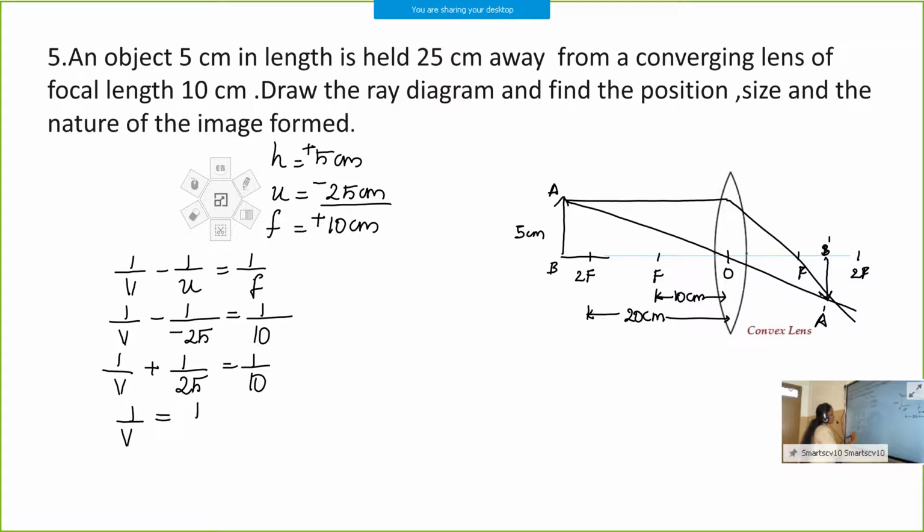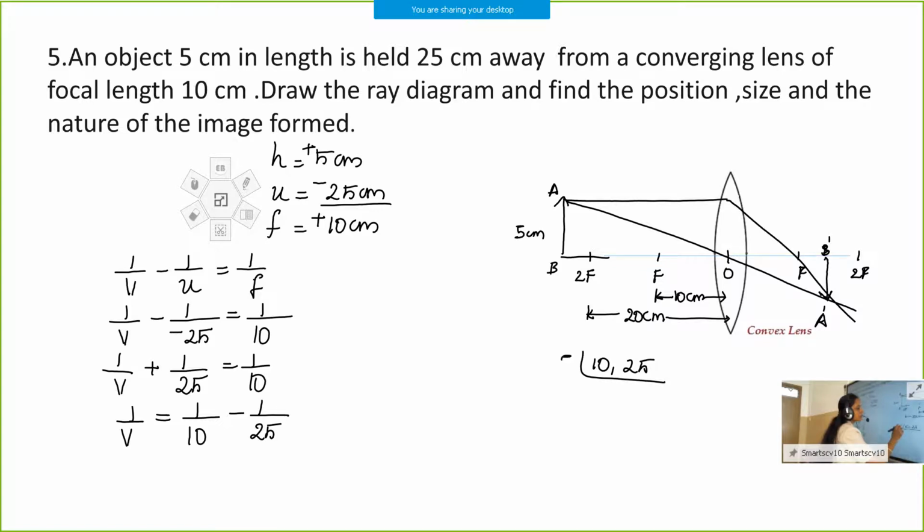What you are getting? 1 by V. Are you getting 1 by V as 1 by 10 minus 1 by 25? Are you getting, children? 1 by 10 minus 1 by 25. Now we can find out the LCM of 10 and 25.